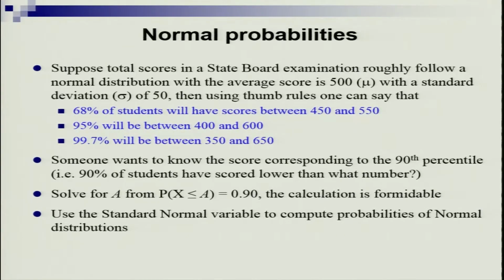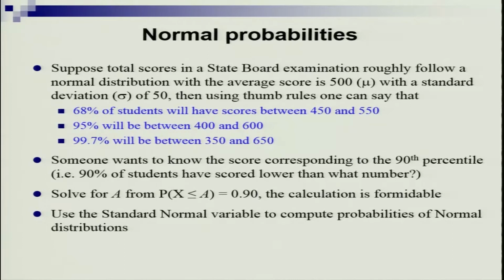Similarly, we get 550 by adding sigma to the mu value, which is 500 plus 50. Similarly, 95% of the data will be between the scores 400 and 600, and 99.7% of the scores will be between 350 and 650.